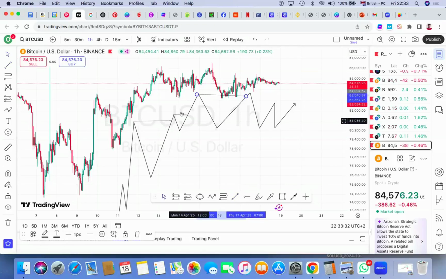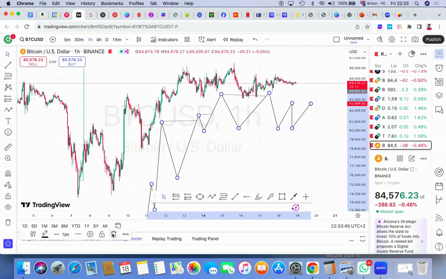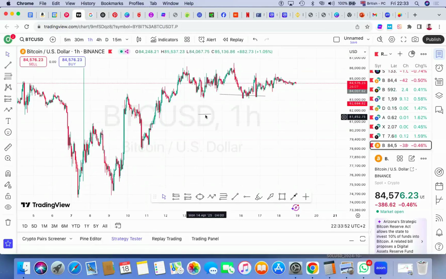What we are talking about tonight is market structure, and this scenario here is an uptrend. We can also look for a downtrend scenario. Let's look together right now for another uptrend scenario before we make an example of the downtrend scenario.